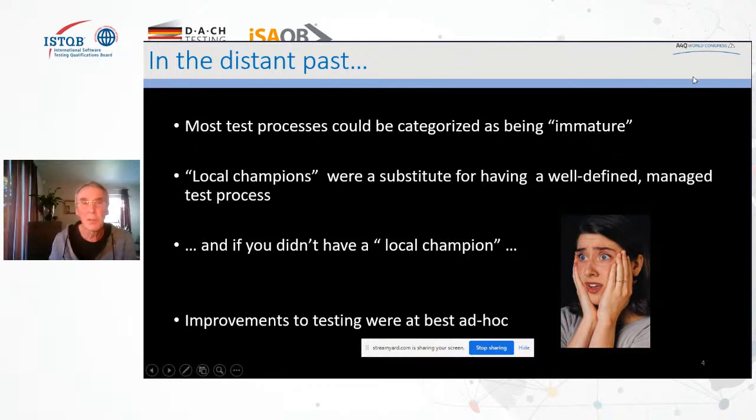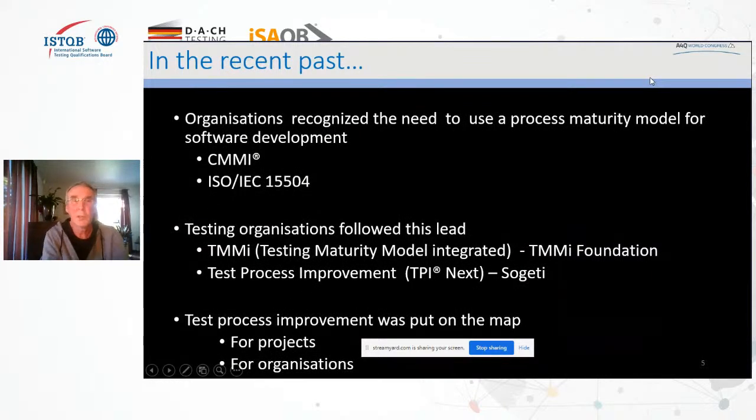Now, the response to that, as many of you may recall, was that development organizations and standards organizations started to think about the subject of process maturity. And they developed some so-called process maturity models. And I'm sure that many of you have heard of CMMI and ISO 15504, formerly SPICE.